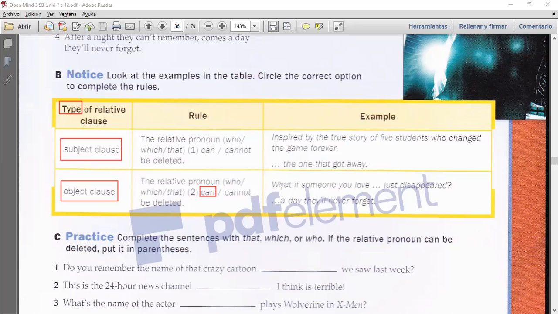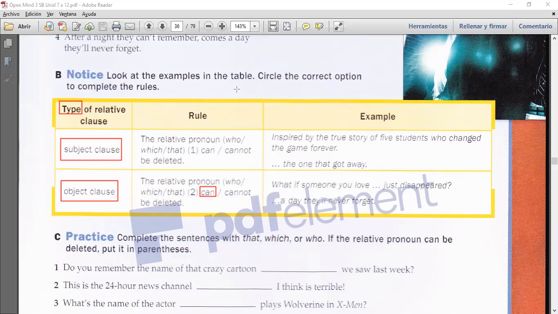How? What if someone you love just disappears?